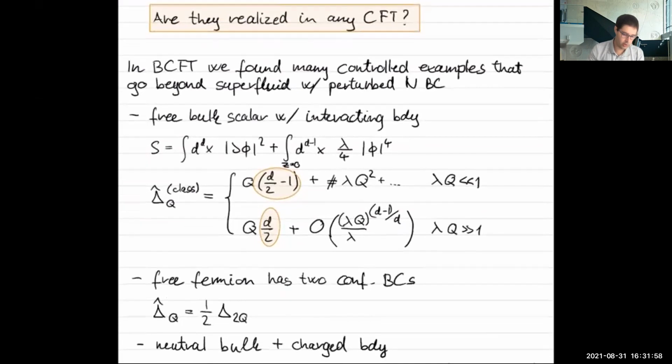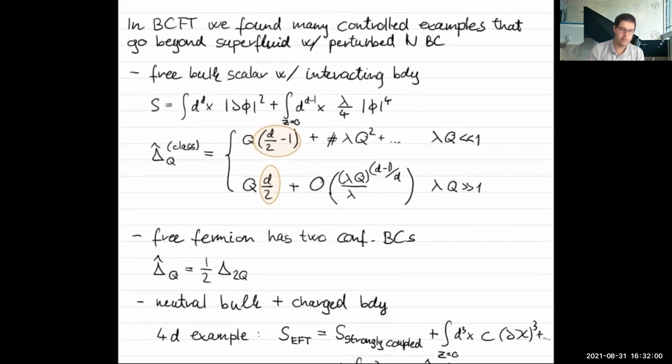Now, this was bulk CFT. BCFTs are even richer. And in this paper, we found many situations, Zohar's question already anticipated this, where we have controlled examples where the superfluid is not the right description.